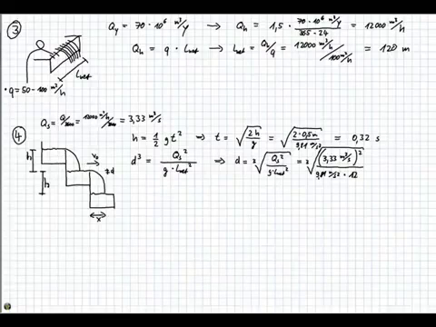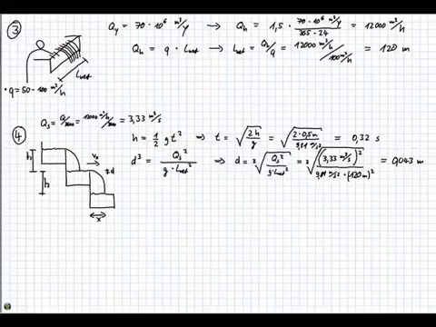We calculated this in the last exercise with 20 meters squared. And if we calculate this, it gives us 0.043 meters for the diameter of the water jet.